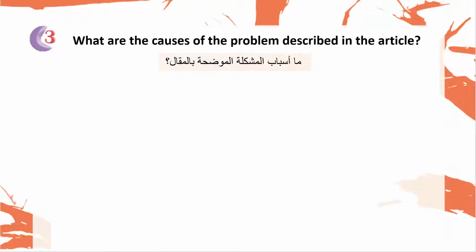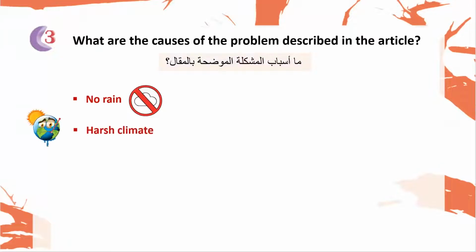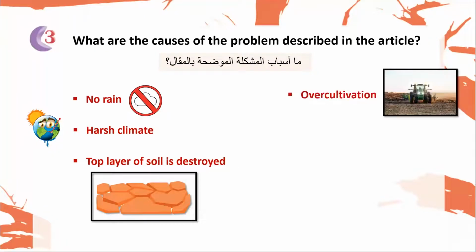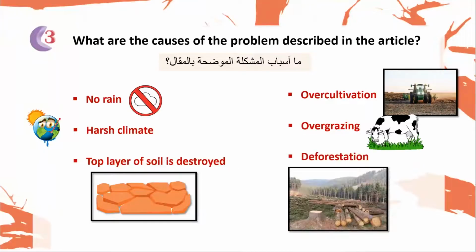Question 3. What are the causes of the problem described in the article? No rain, harsh climate, top layer of soil destroyed, overcultivation, overgrazing, deforestation.